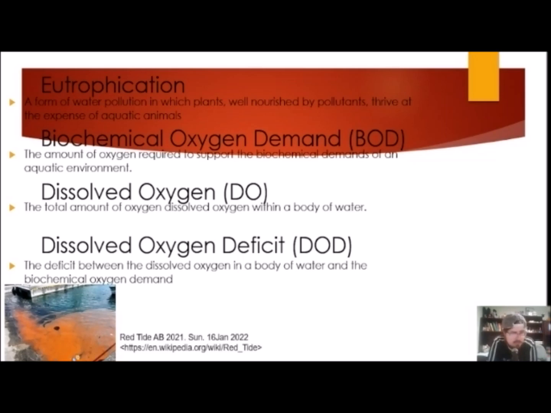Now, there are other ways this can happen. The red tide has multiple different instances. Most recently, there was a red tide in Florida in 2021, 2017, and 2018. Multiple instances of this in the Gulf of Mexico in 2015, 2011, and many other times and places.